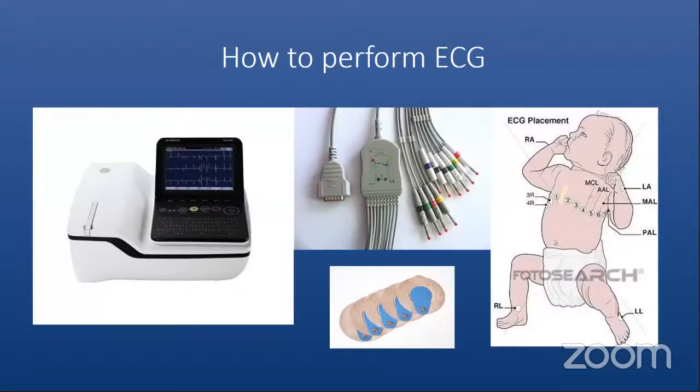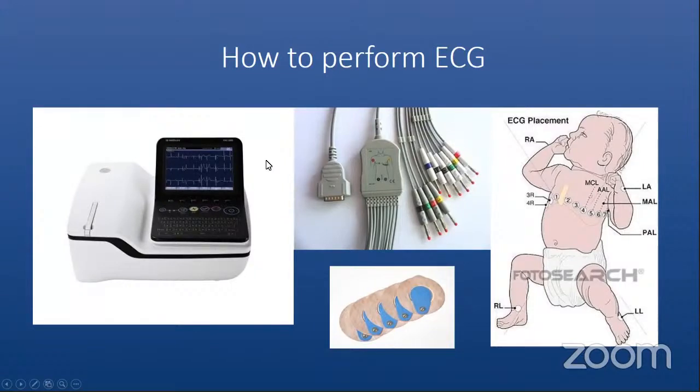How the ECG is performed. Nowadays the ECG machines are very smart, even the portable ECGs. They tell you all the details, where exactly to put the electrodes, the limb leads and the chest leads, and the machines can give you the full report of that ECG.